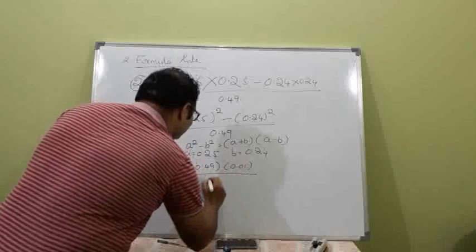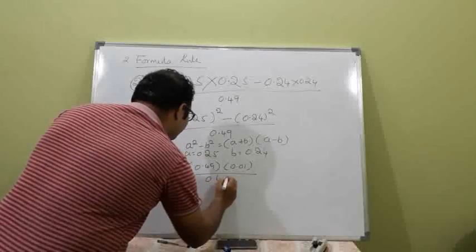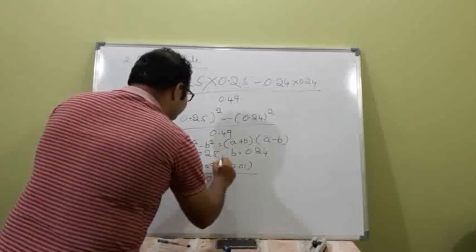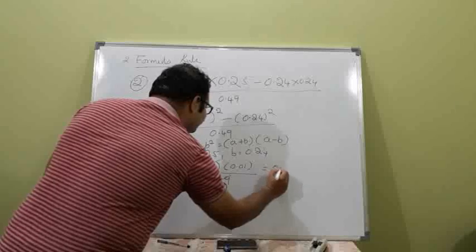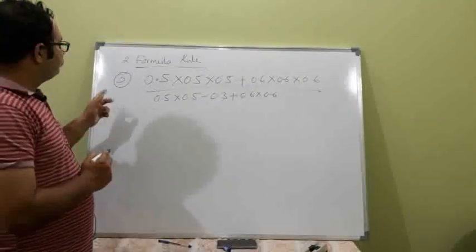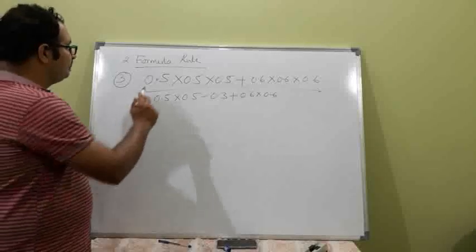Again in the denominator we have 0.49. Now 0.49, 0.49 get cancelled. So the result is 0.01.